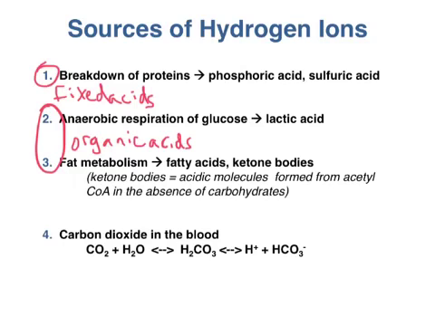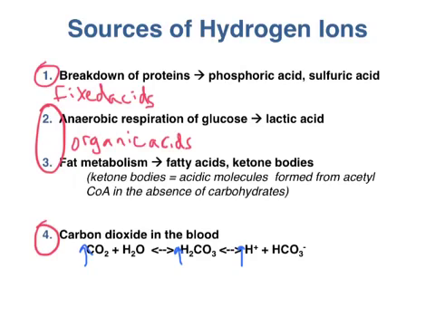The fourth source of hydrogen ions is carbon dioxide. When you have carbon dioxide in the blood, that reacts with water to form carbonic acid, and then carbonic acid dissociates into hydrogen and bicarbonate. Okay, so if you have too much carbon dioxide building up, you're going to have more carbonic acid and you're going to have more release of hydrogen ions, right?